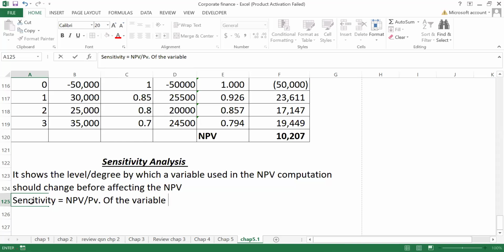For example, if I'm looking at the sensitivity of revenues, it will be the NPV divided by the present value of revenues. If I'm looking at the sensitivity of variable costs, it will be the NPV divided by the present value of the variable costs. You multiply by 100 because it will be in a percentage.